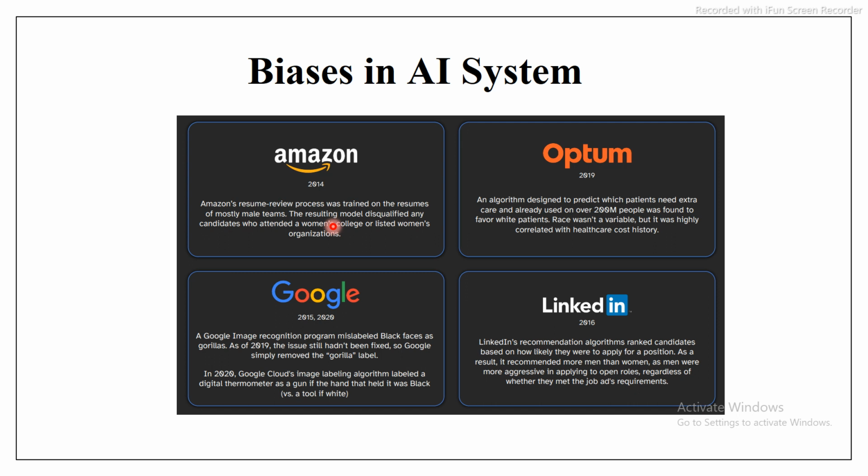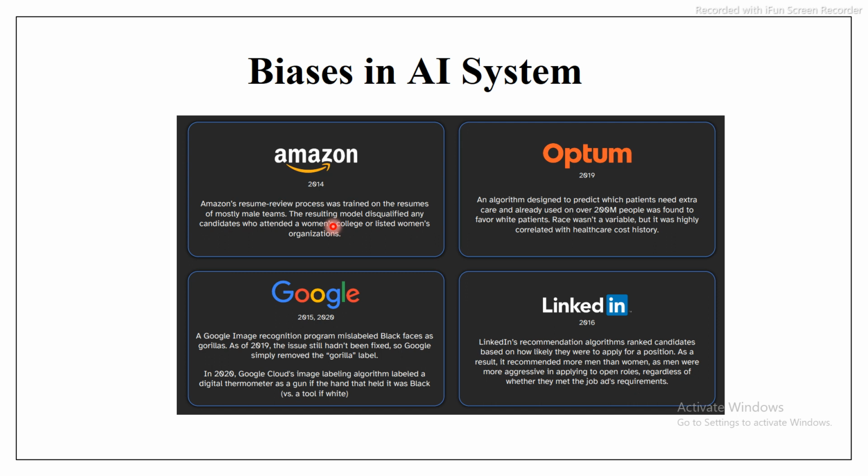So these are some of the biases, some of the problems which used to come up in AI systems due to the training data set, the bias in the AI models. And in 2016, LinkedIn's recommendation algorithms used to rank candidates based on how likely they were to apply for a position.